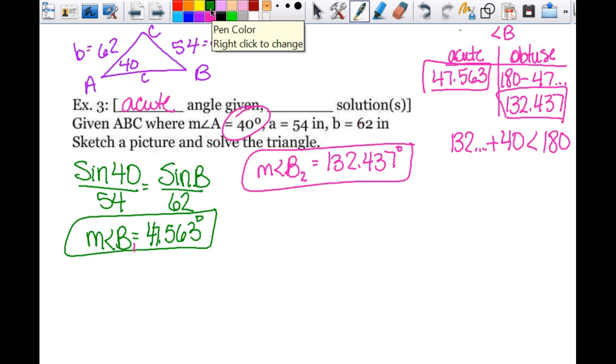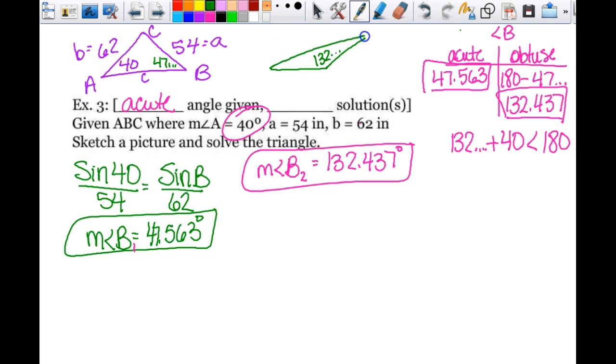I get two triangles, right? So this angle A is still 40, but it's this angle here that is obtuse. Here's my first B, which we got 47 something. This is my second one, which is 132 something.